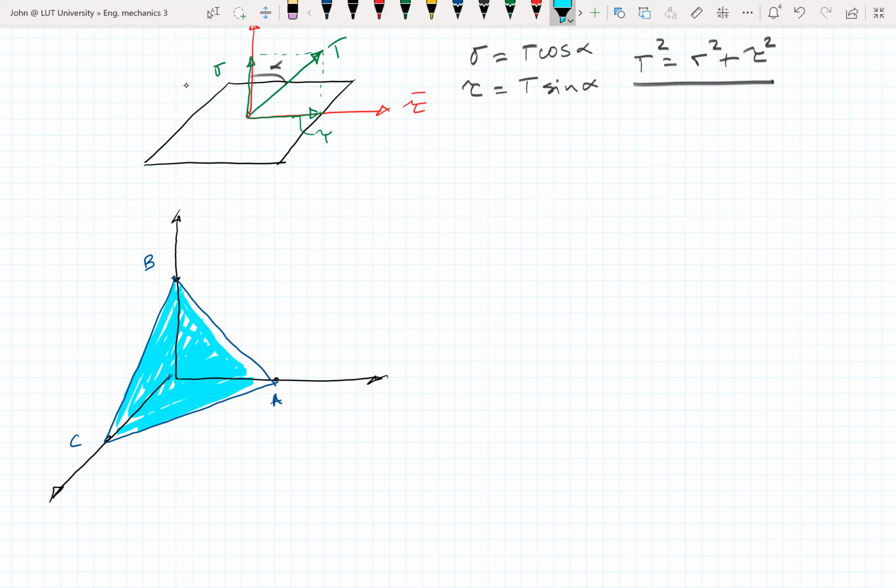Let's locate on that plane the vector we have been working with. So we have this vector t. And this vector, as we mentioned, is going to be represented in our Cartesian coordinate system by means of tx, ty, and tz.